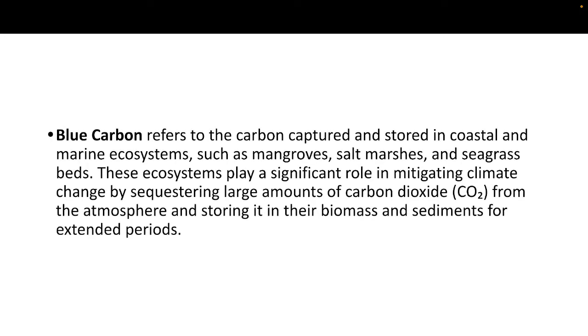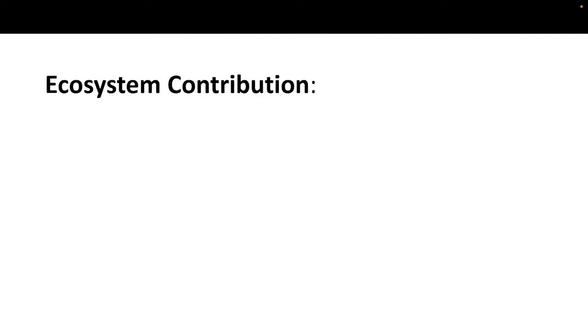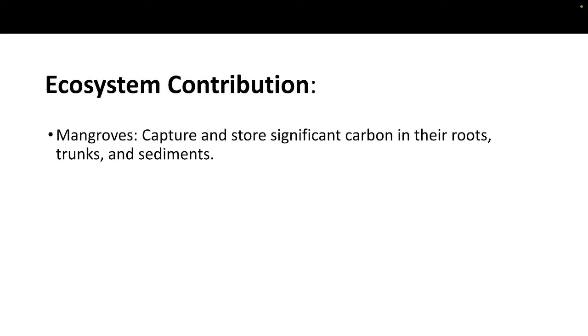Blue carbon refers to the carbon captured and stored in coastal and marine ecosystems, such as mangroves, salt marshes, and seagrass beds. These ecosystems play a significant role in mitigating climate change by sequestering large amounts of carbon dioxide from the atmosphere and storing it in their biomass and sediment for extended periods. Mangroves capture and store significant carbon in their roots, trunks, and sediment.